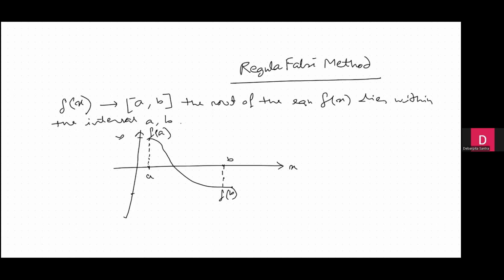As we can see here, f of b is negative in nature and f of a is positive in nature. So f of a and f of b are of different signs, where f of a is positive and f of b is negative.